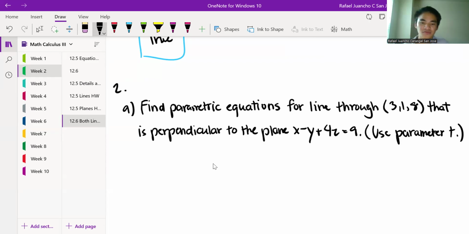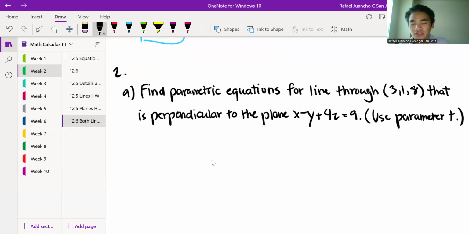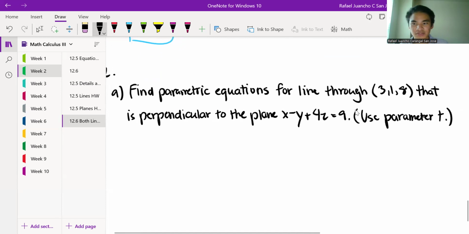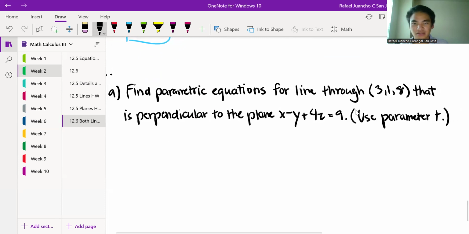Okay, so it's been a while since we've done equations of lines because we've been doing equations of planes. So what do we need for a line? Well, we need the initial point. Boom, we have it. And now we need a direction vector that's parallel, right?